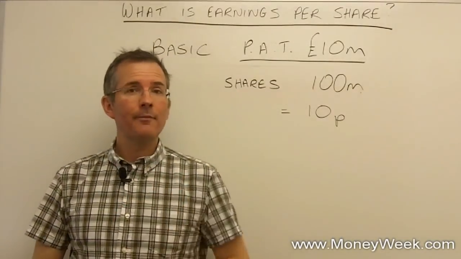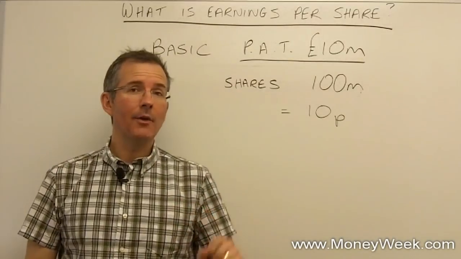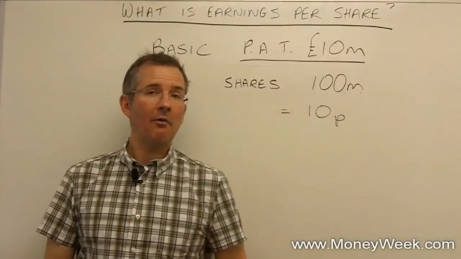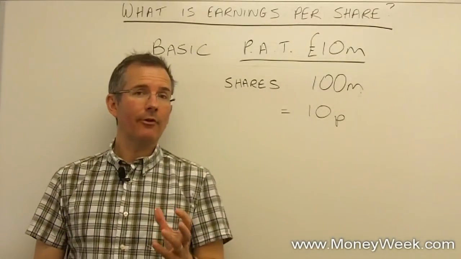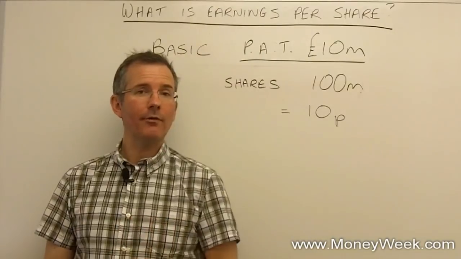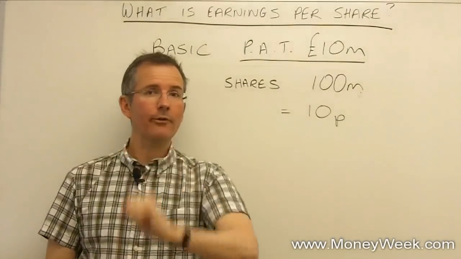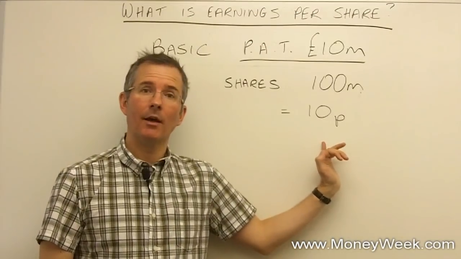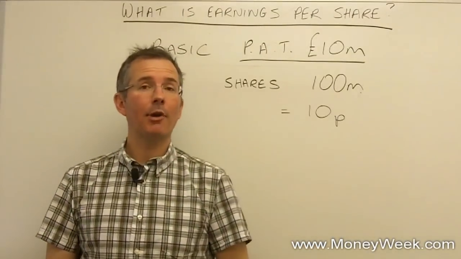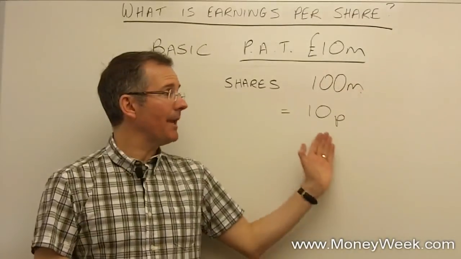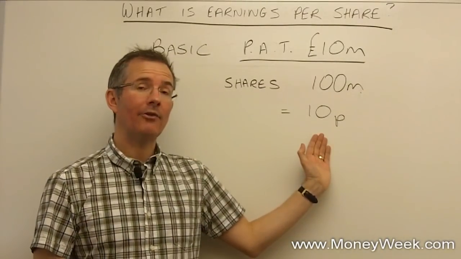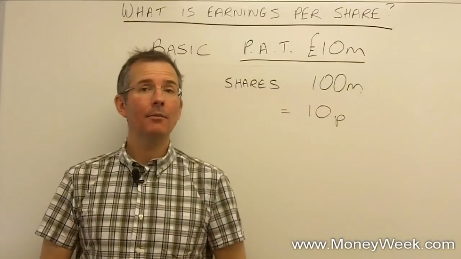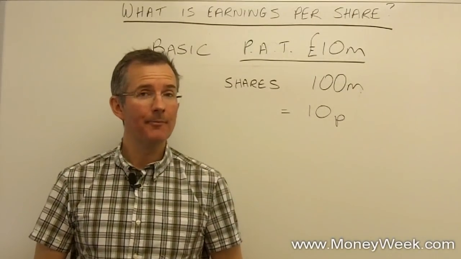The other use for it, something we look at in a different video, is in a price to earnings multiple, because that multiple, used as a way of deciding whether a share is cheap or expensive, uses the current share price divided by the latest earnings per share figure. So, for example, if the current share price is £1 and EPS based on the latest earnings is 10p, then the PE multiple would be 10. But as I say, that's something we cover in another video.